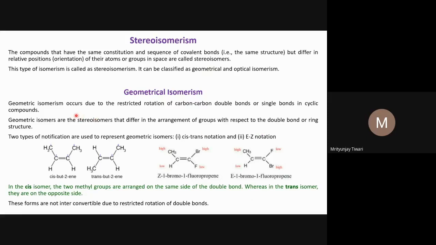Their barrier is around 1 to 2 kilocalories per mole, and up to this barrier it is almost a barrierless process, so they can freely rotate around that single bond.